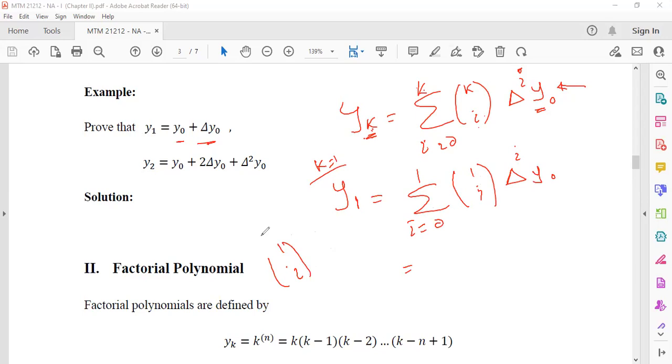First of all, i is equal to 0. What is the answer? 1 factorial divided by 1 minus 0 factorial will be 1 factorial, again 0 factorial. So what is the value of 0 factorial? 0 factorial will be, yes, 1.